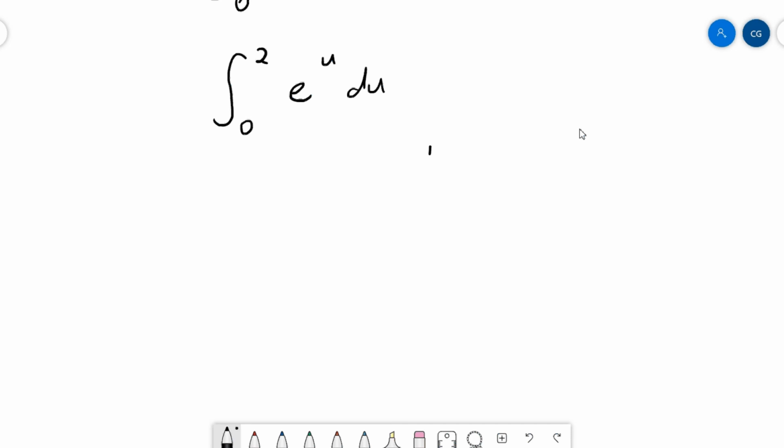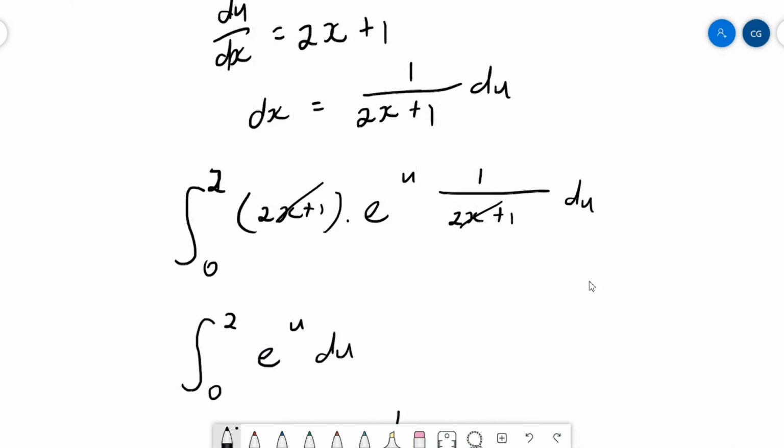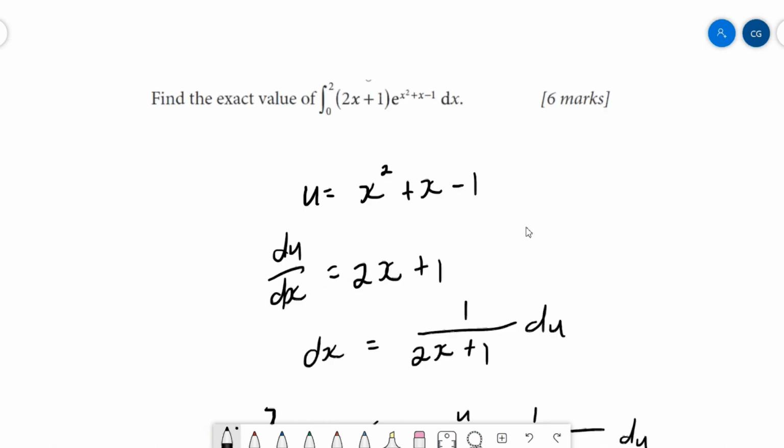So let's create a separate part here. For the first option, I could rewrite our limits in terms of u. u was equal to x squared plus x minus 1. So if x is equal to 0, then u will become 0 plus 0 minus 1, which is minus 1.